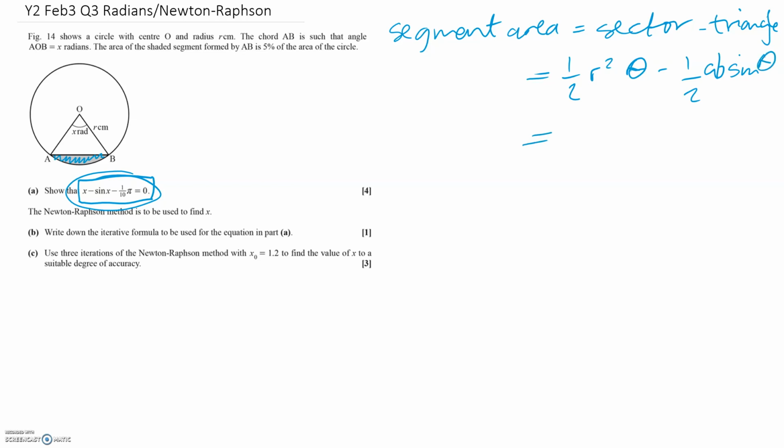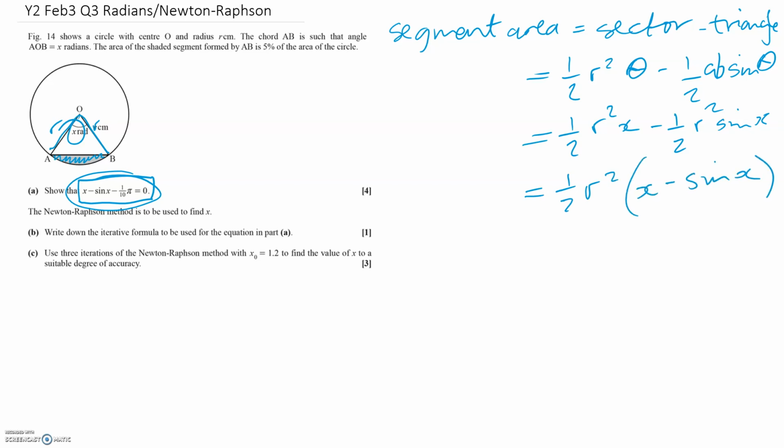Now in this question, this is R and this is R, and the angle is X, so it's a half R squared X minus a half. A and B are both R, so that'll be R squared, and then that will be sine X. That gives a segment area of a half R squared, which we can take out to leave this.